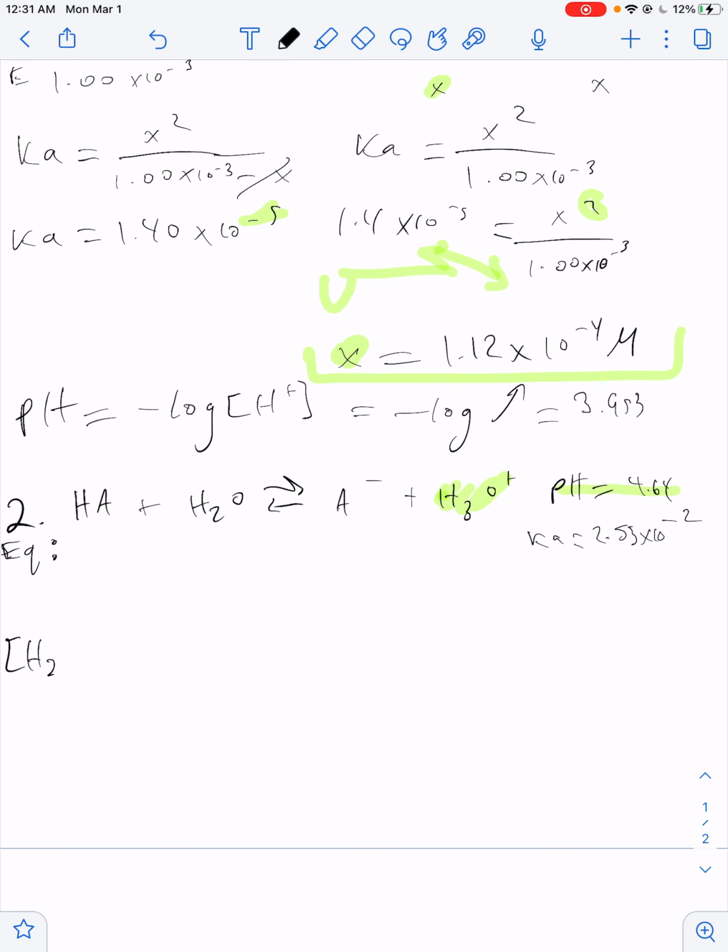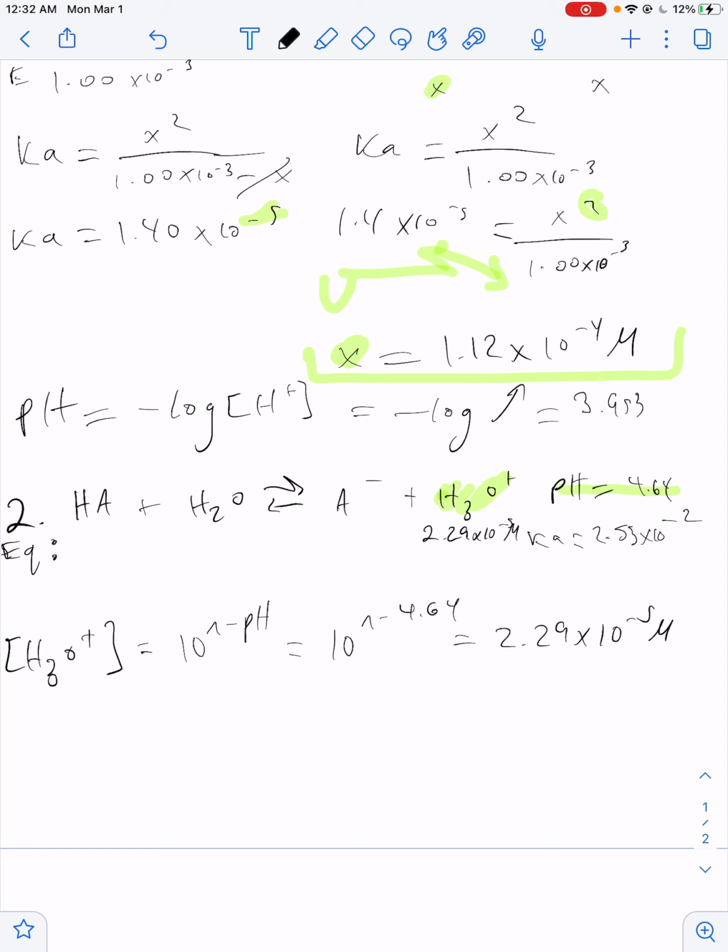So the concentration of H3O plus is 10 to the negative pH, which is 10 to the negative 4.64, and that's going to be 2.29 times 10 to the negative 5 molar.